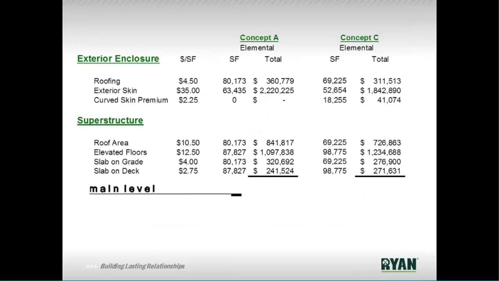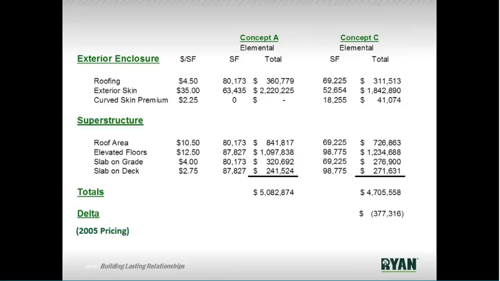And what you can see here is by using this systems approach, you can pretty quickly say, and this is some dated pricing, so don't mind the unit price numbers as much, but looking at the roof area, the skin area, the structure of both of those, the elevated floors, the slab on grade, slab on deck, and some of those system components, and just looking at the different quantities based on those massing models, you can come to some determination from an early perspective in terms of which scenario may have a premium on it based purely on the massing.